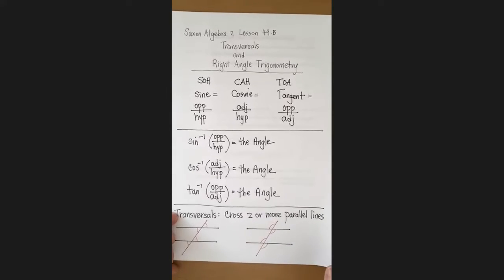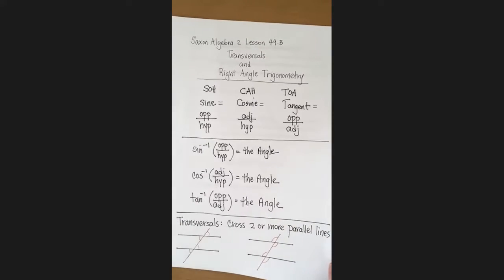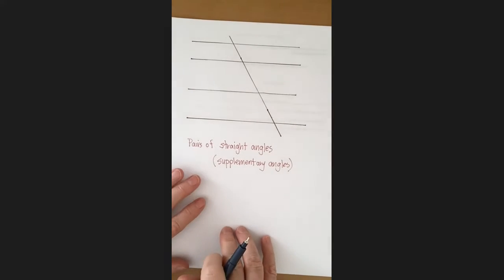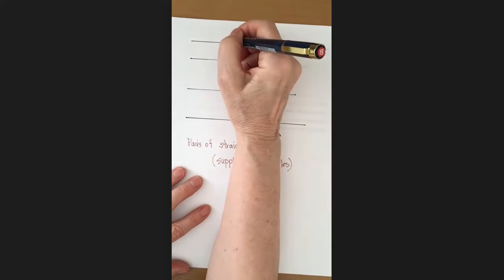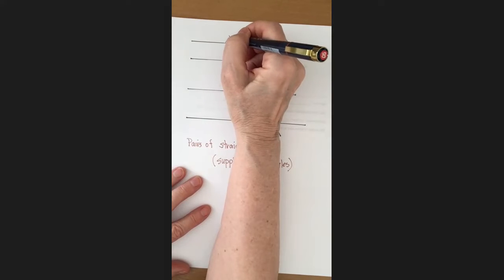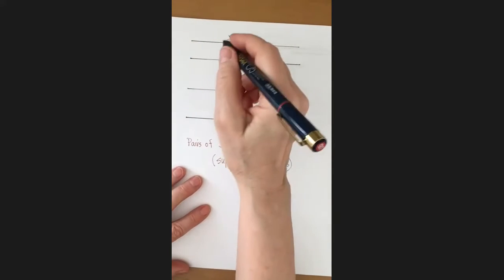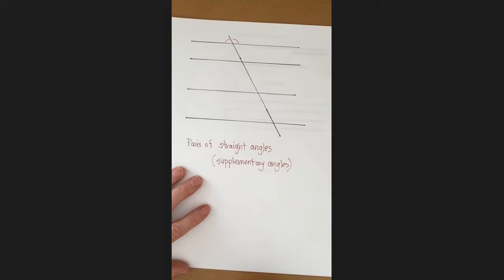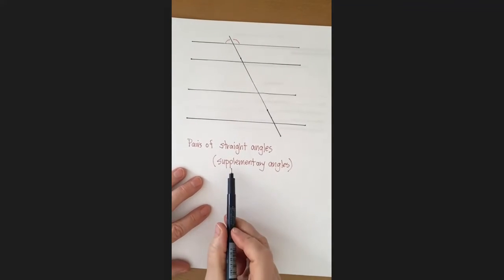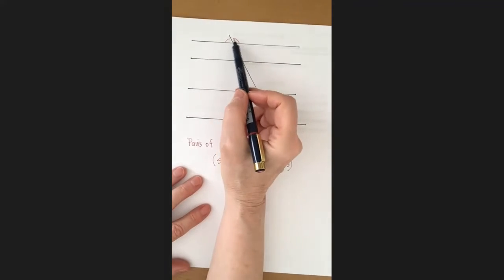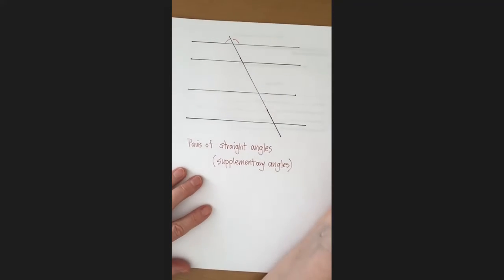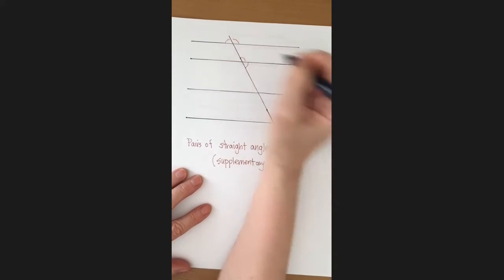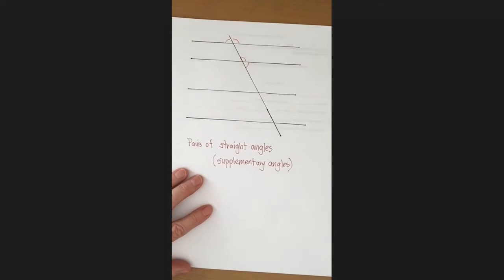There's one more thing about transversals that I want to remind you of, or maybe point out: the transversal will divide each parallel line into a pair of straight angles. Straight angles are supplementary angles, so these two angles equal 180 degrees. These two angles equal 180 degrees.